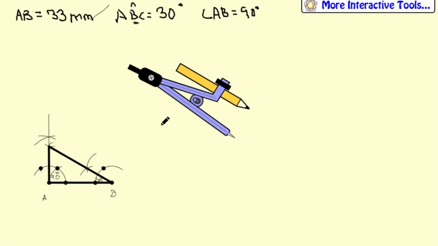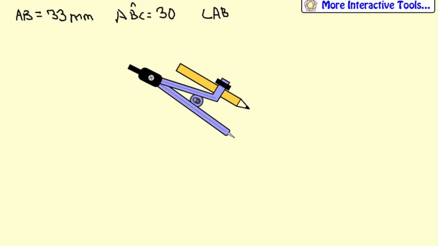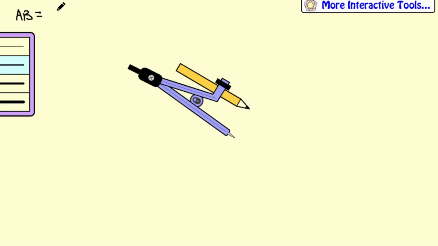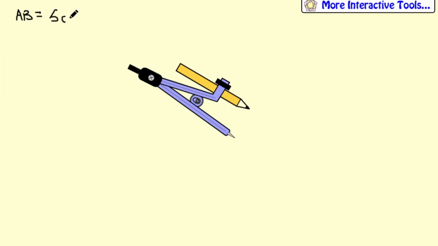All right, this triangle is quite small, so let's do a bigger one. All right, so AB is going to be 5 centimeters.